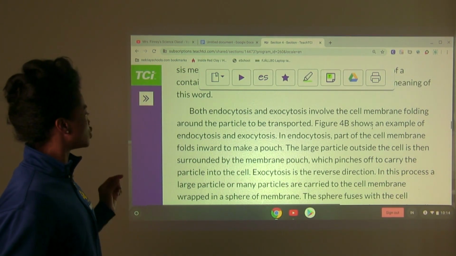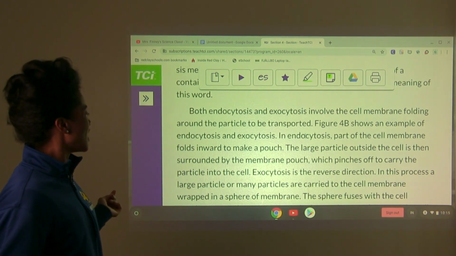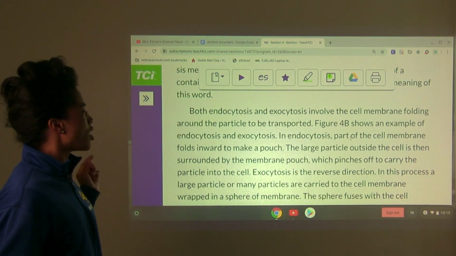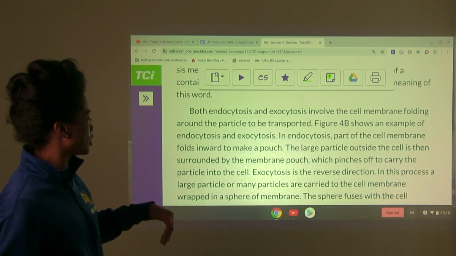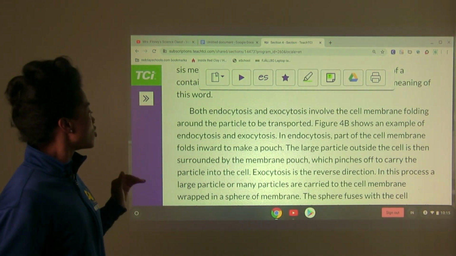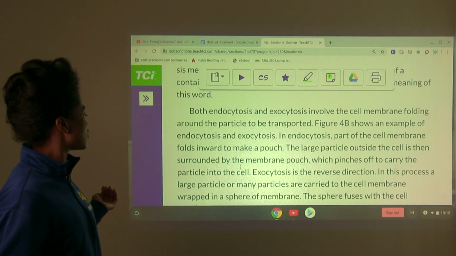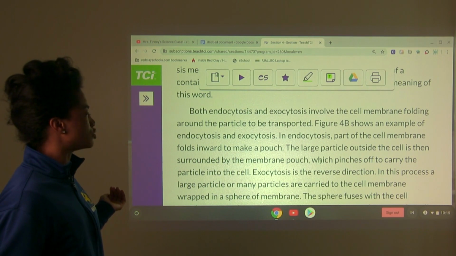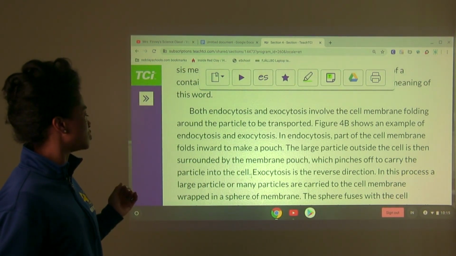Figure 4b shows an example of endocytosis and exocytosis. In endocytosis, part of the cell membrane folds inward to make a pouch. The large particle outside the cell is then surrounded by the membrane pouch, which pinches off to carry the particle into the cell.